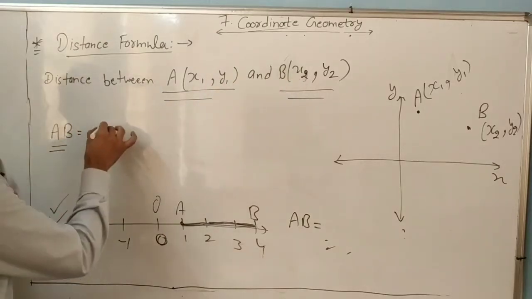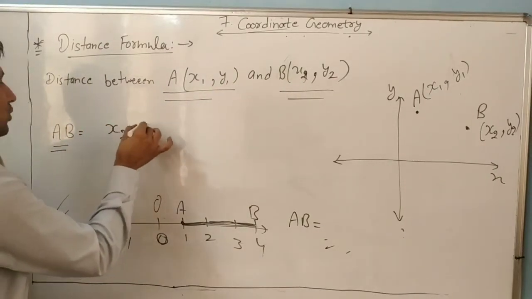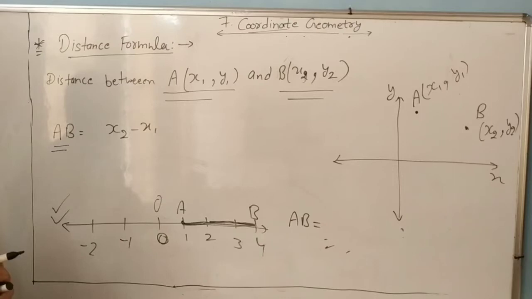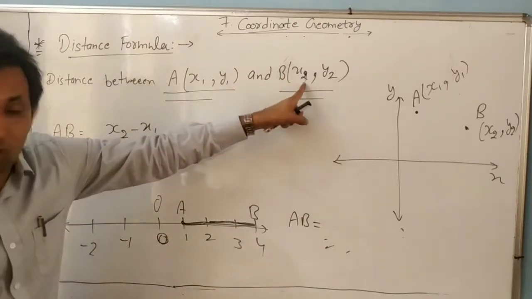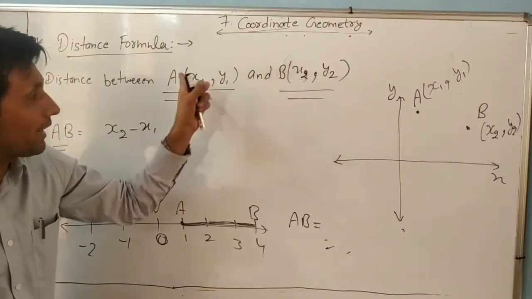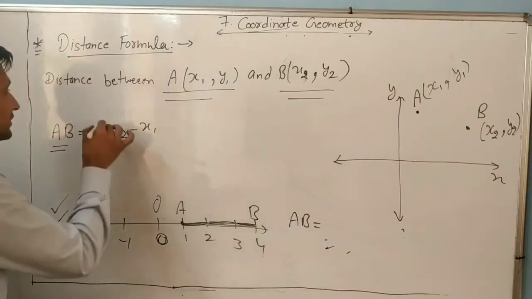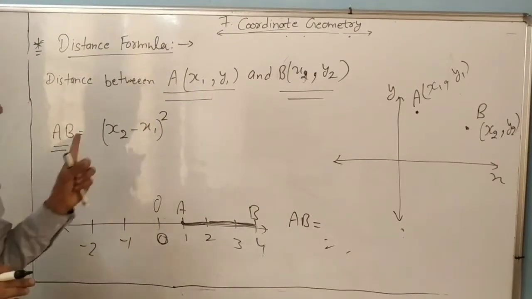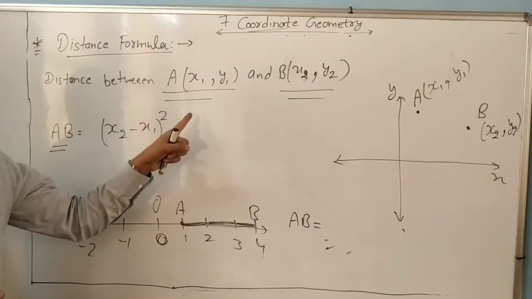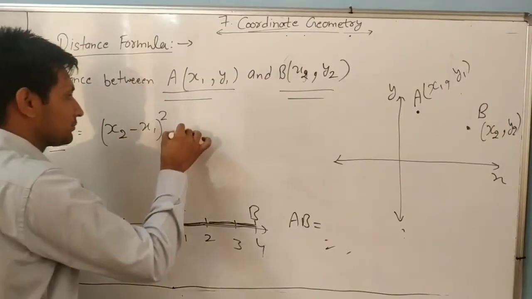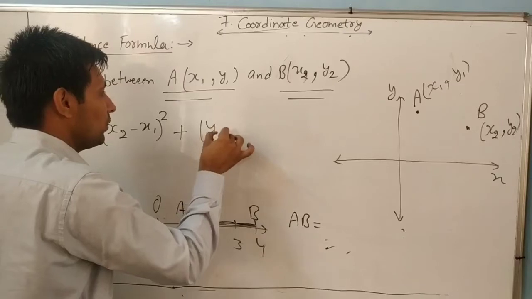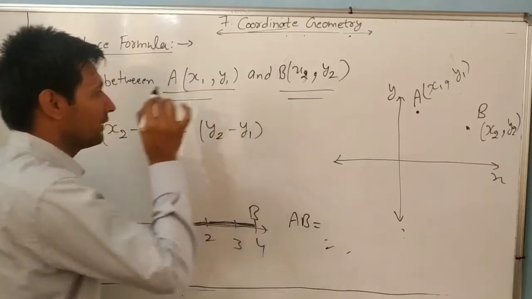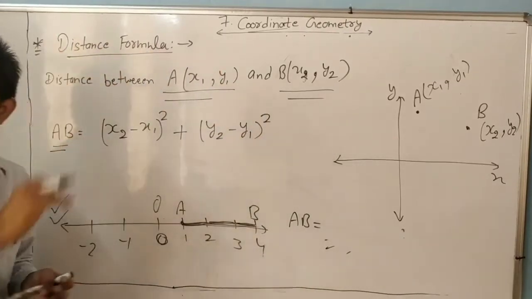x2 minus x1. What will we write? Second coordinate x2 minus x1 and its square, plus y2 minus y1 and its square.